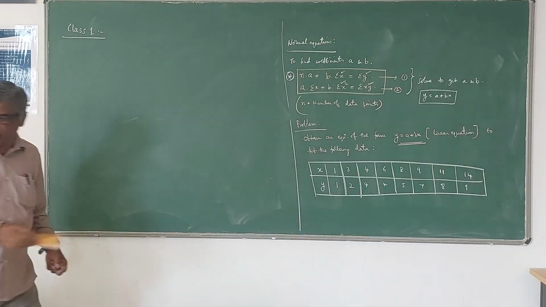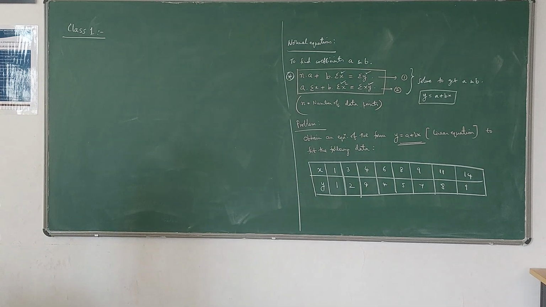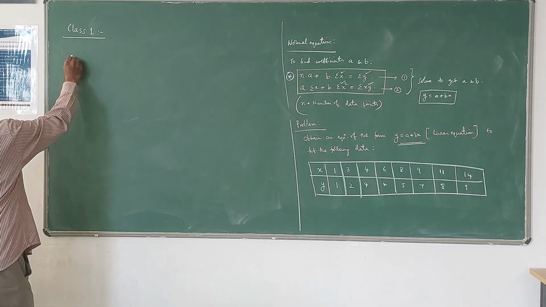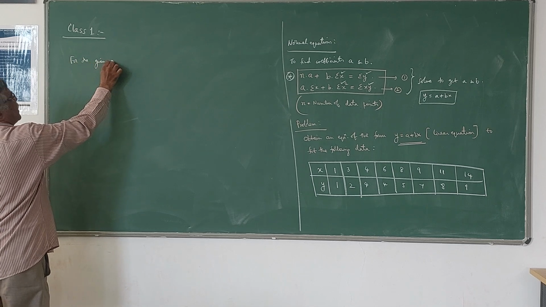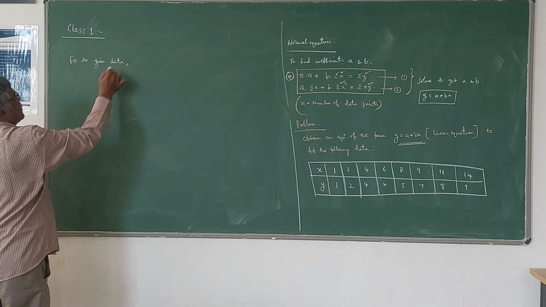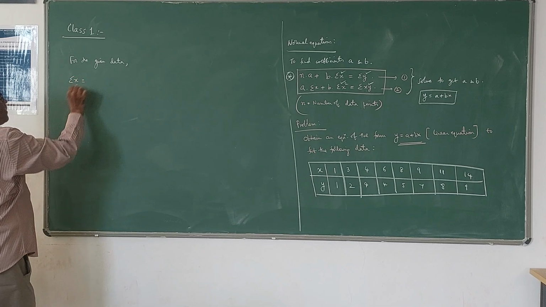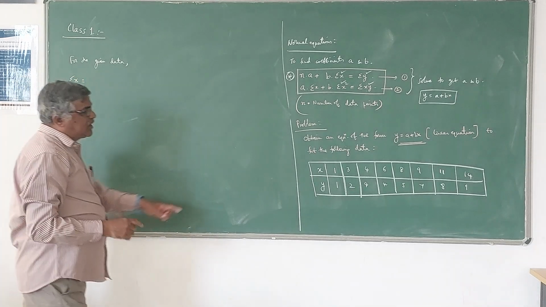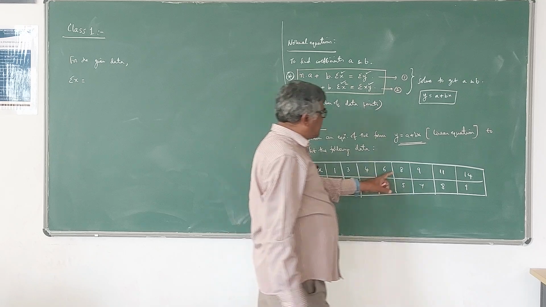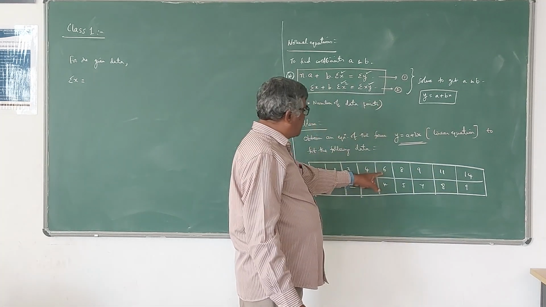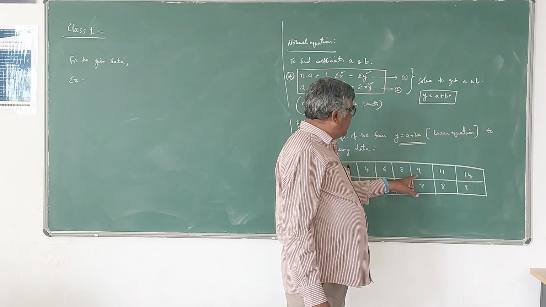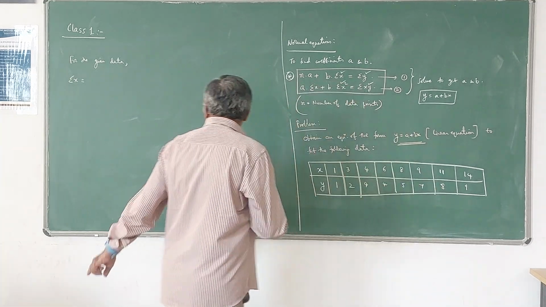So for the given data, sigma x is equal to 1 plus 3 plus 4 plus 6 plus 8 plus 9 plus 11 plus 14. So 8 to 14, 22, 31, 42, 56.